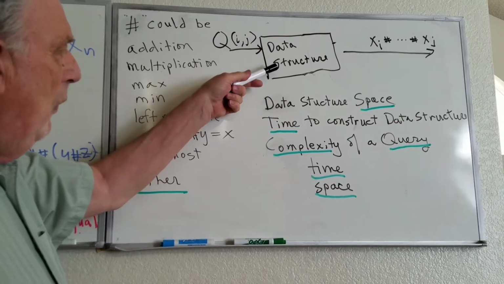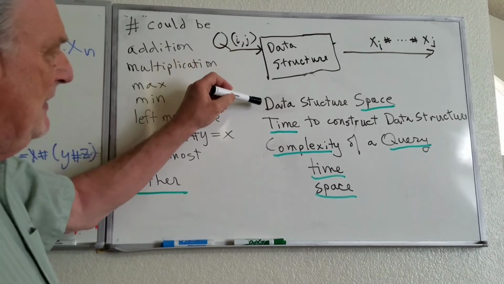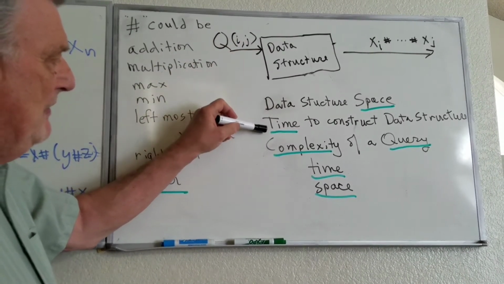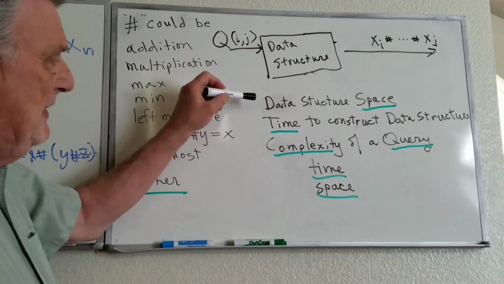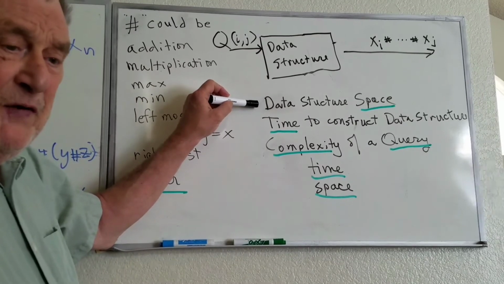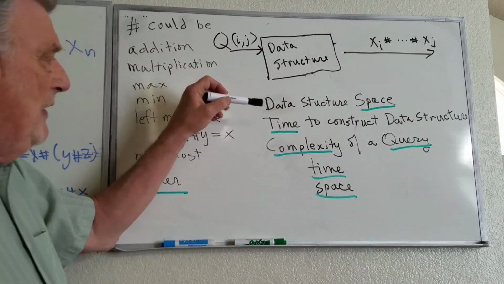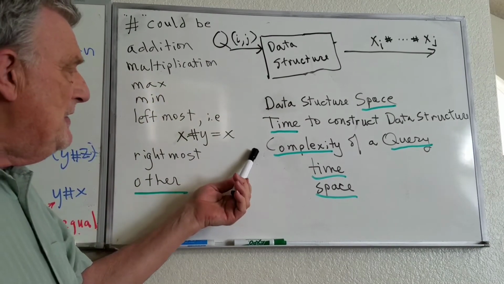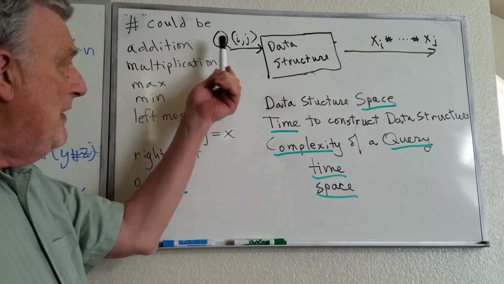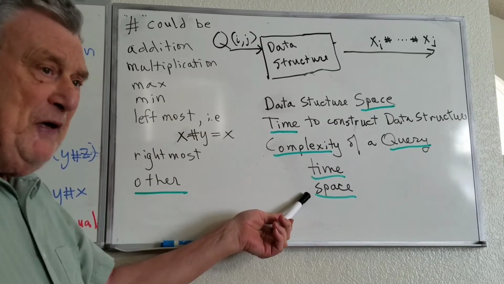And what we have to do is first build the data structure. And that, of course, takes time. And we want to know how much space, memory space, the data structure occupies. And then we also have to know how long it takes to compute the answer to a query, how much time it takes, and how much space it uses.